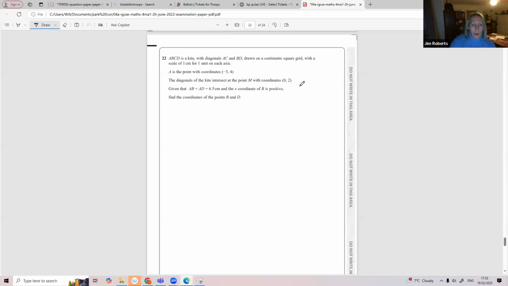All right, a coordinate geometry question. These are notoriously difficult as well for your IGCSE. I always suggest to draw a picture with these. ABCD is our kite.